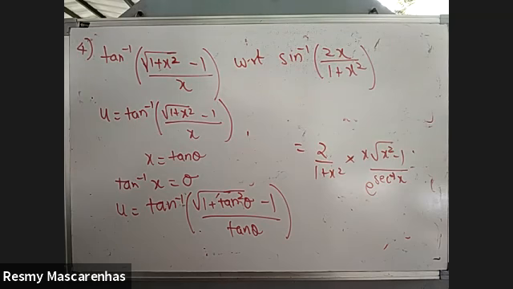Then square and root will cancel, and what you'll get is only sec theta. Sec theta minus 1 upon tan theta. Then write sec theta as 1 upon cos and tan as sine upon cos. Then cross multiply and it will cancel. Similar problems I've done in inverse trigonometry. I told y'all, in derivatives you will need those problems.